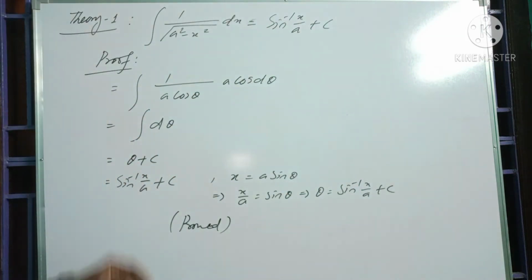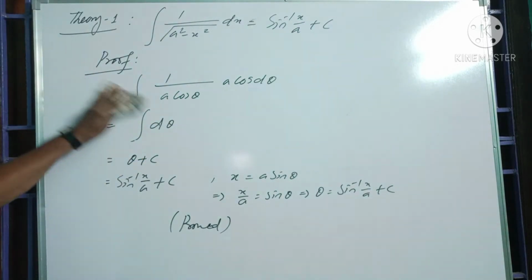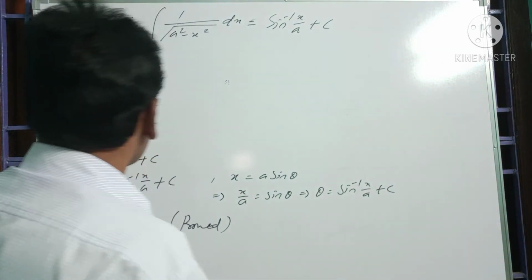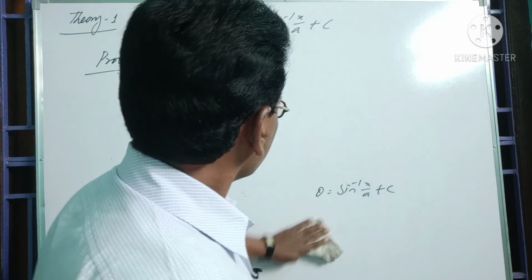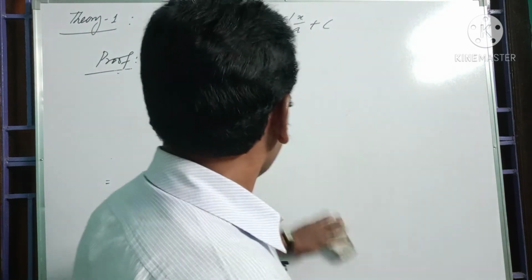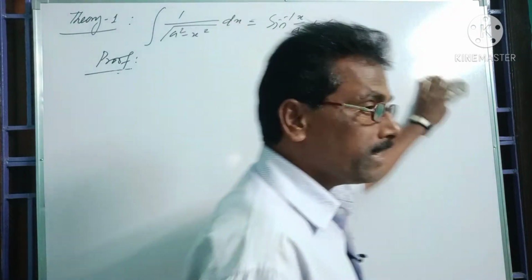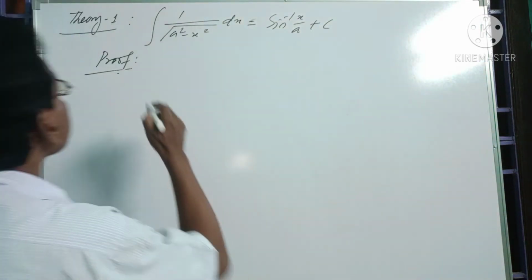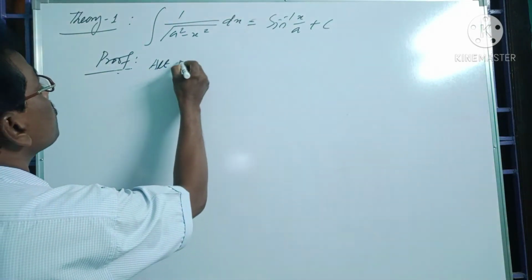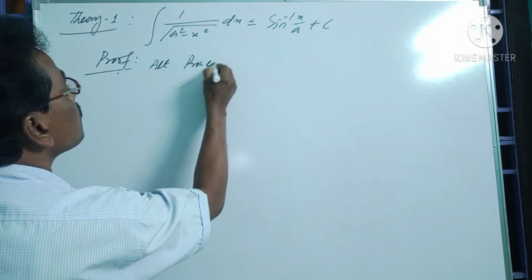This integral can also be integrated by a second substitution. We have to follow the alternative process: to integrate this integral we can consider the second substitution, that is x is equal to a cos theta. So let us see the alternative process.